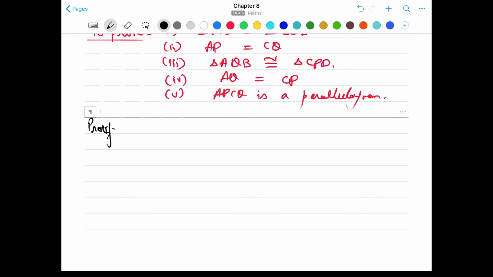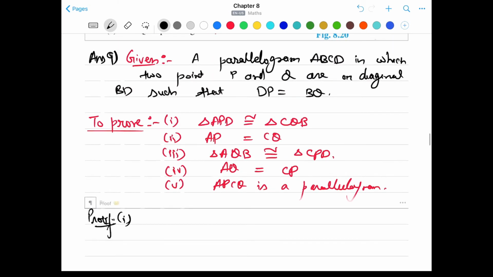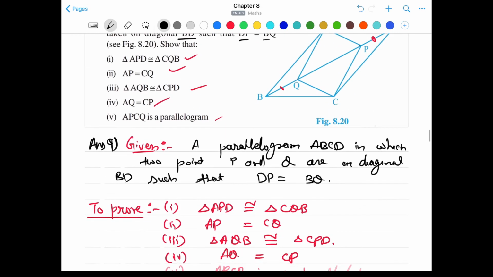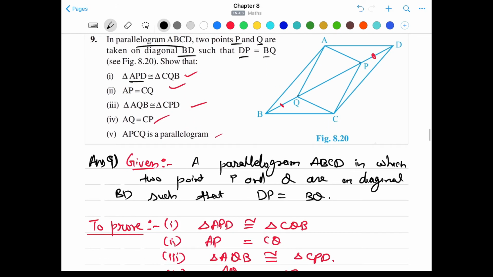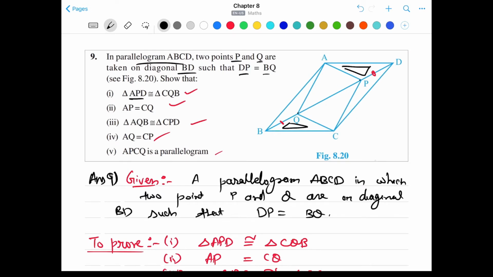Proof of part 1. First we have to prove that triangles APD and CQB are congruent. So first locate the triangles. APD is this one and CQB is this one. Since ABCD is a parallelogram, its opposite sides AD and BC will be equal.